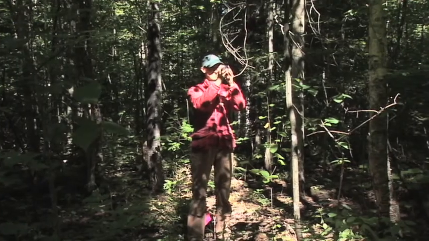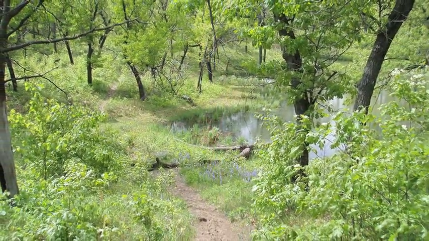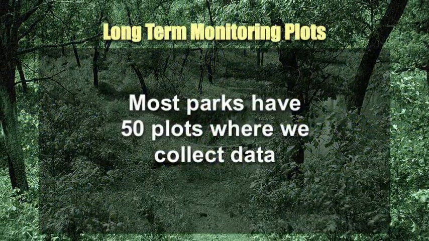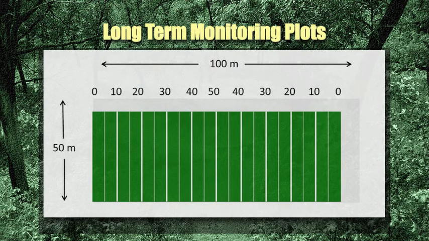Vegetation monitoring is performed using protocols developed specifically for the Great Lakes Network. At most of these national park units, we have about 50 permanent long-term monitoring plots. At each plot, we set up 3 different transects. The plot size is 50 meters by 100 meters, which is a little larger than a football field.